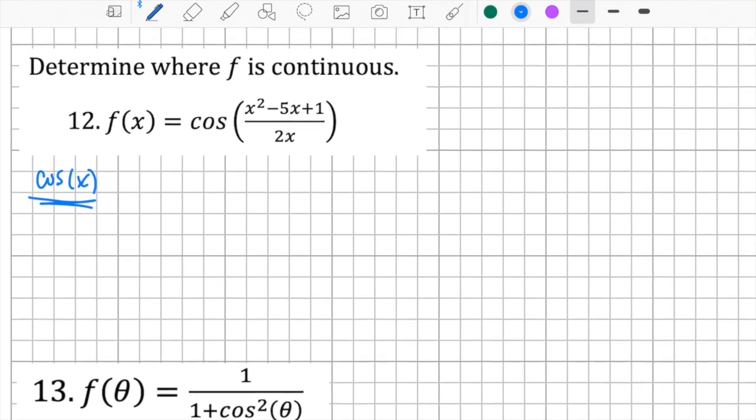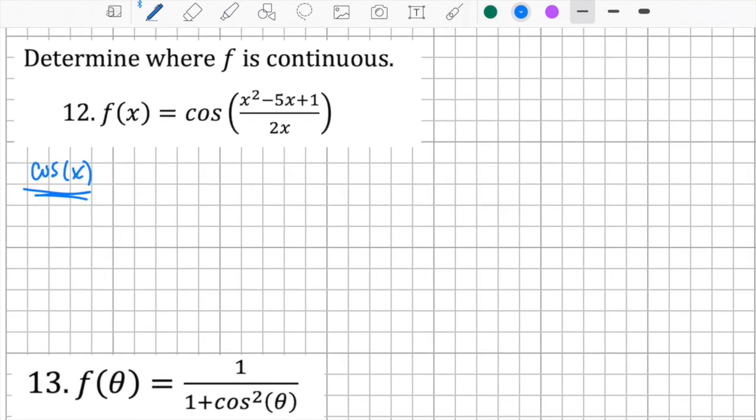Since it's a fraction, what we need to do is look at the denominator and see if it will give us a 0. My denominator is 2x, and what we do not want in the denominator is a 0. If I set it equal to 0, 2x equals 0, and I solve for x, I get that x equals 0.